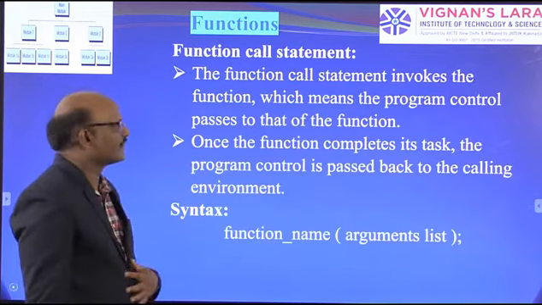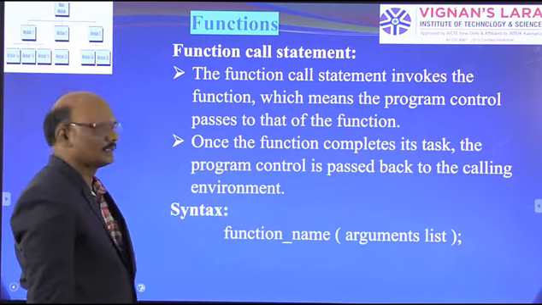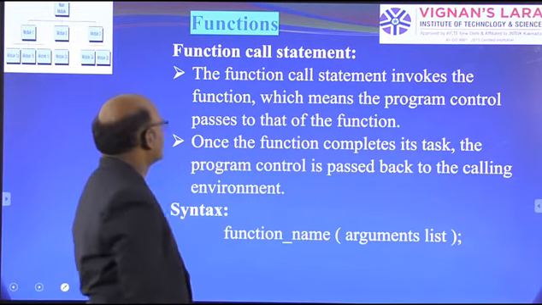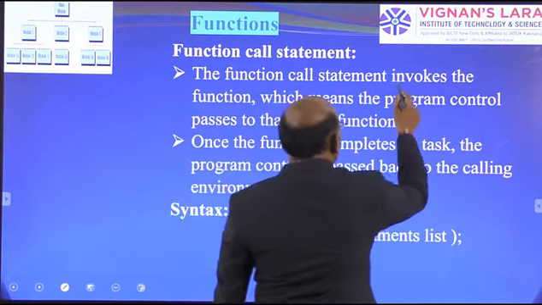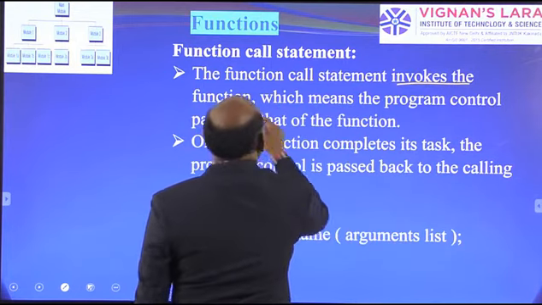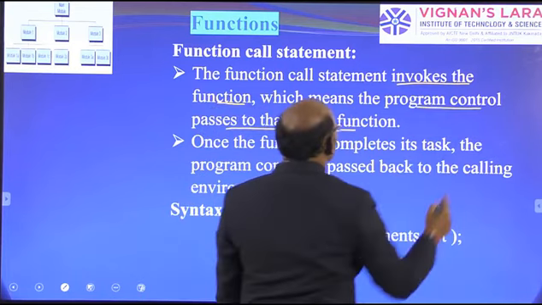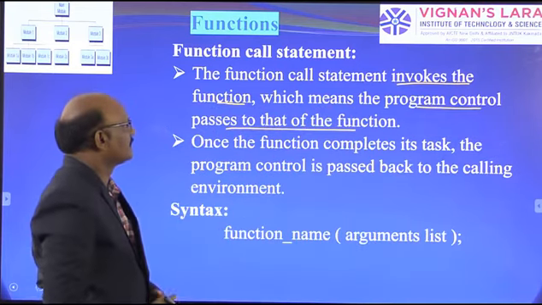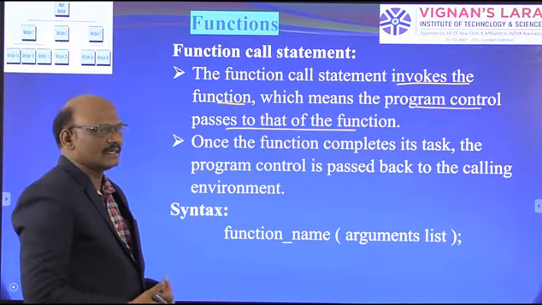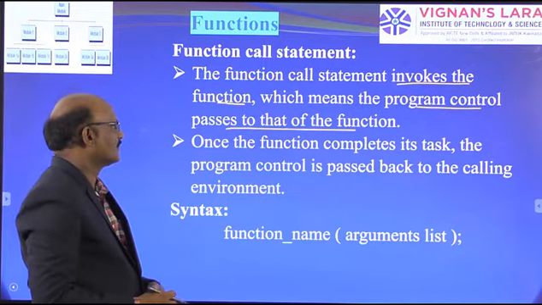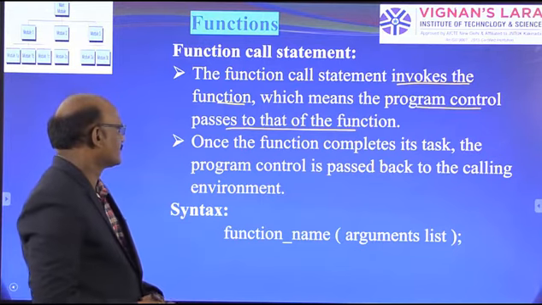And the third one is the function call statement. The function call statement invokes the function, which means the program control passes to the function. Whenever the function call statement is encountered, immediately the control passes to the function definition, and then the function definition will be executed.